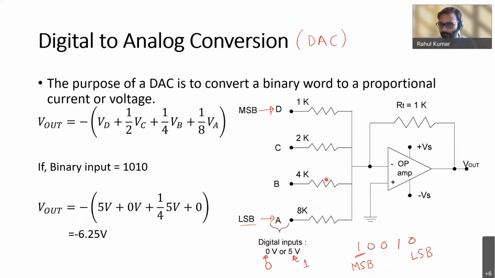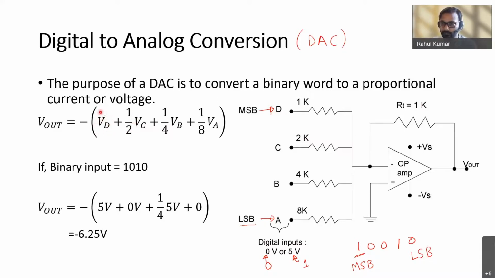Your B input will be attenuated by 1 by 4. Similarly, your C input will be attenuated by 1 by 2. Whatever the voltage is, maybe 0 volt or 5 volt, it will be halved.